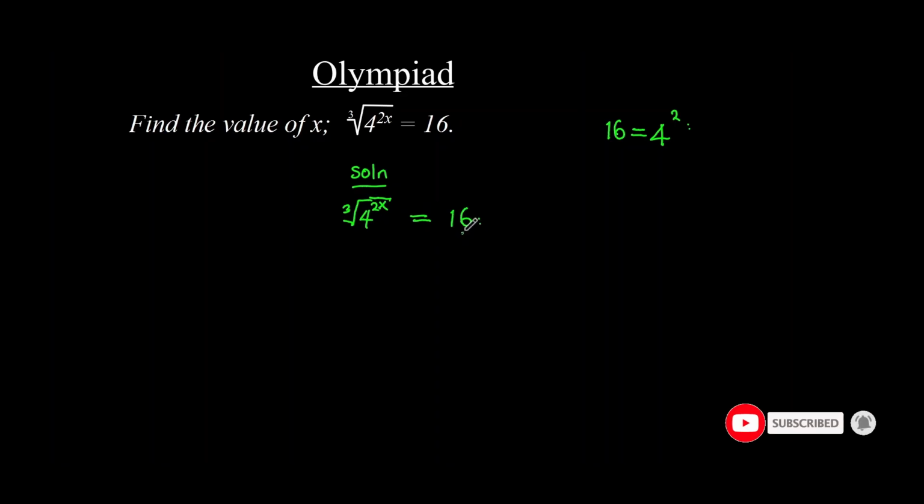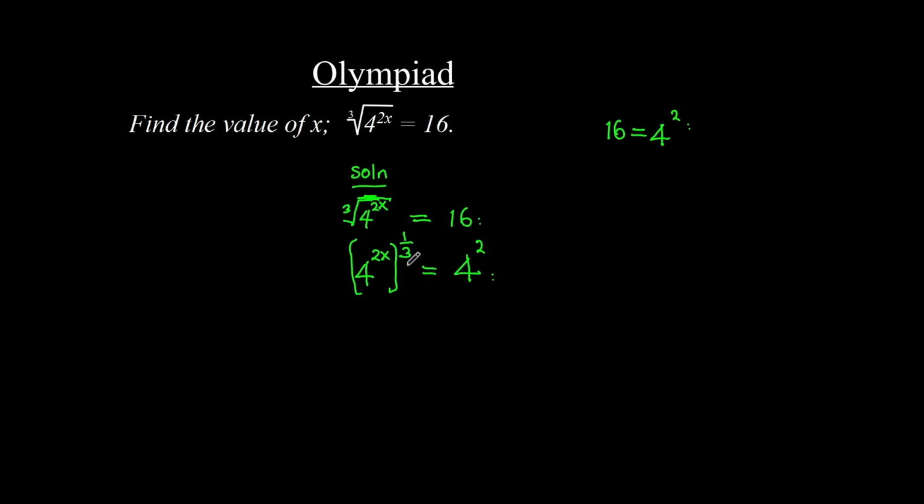Then replacing 16 by 4 exponent 2, and writing the cube root in the form of an exponent, we have 4 to the power of 2x, and the whole thing is raised to 1/3. And from there, we equate this to 4 exponent 2.